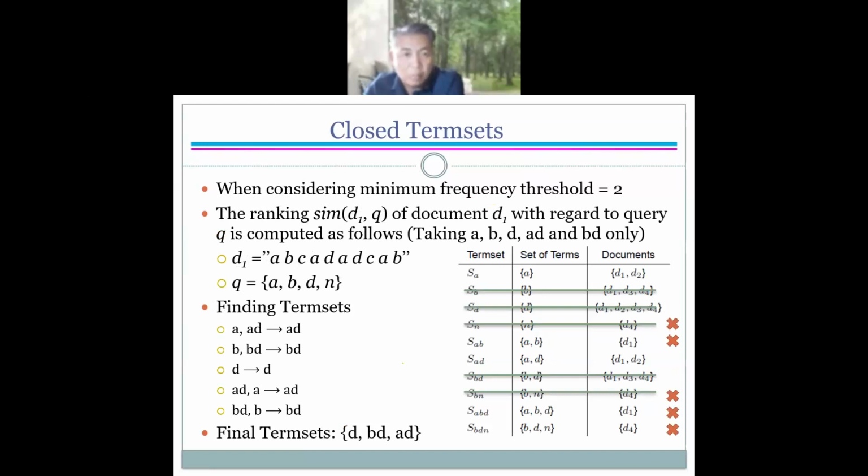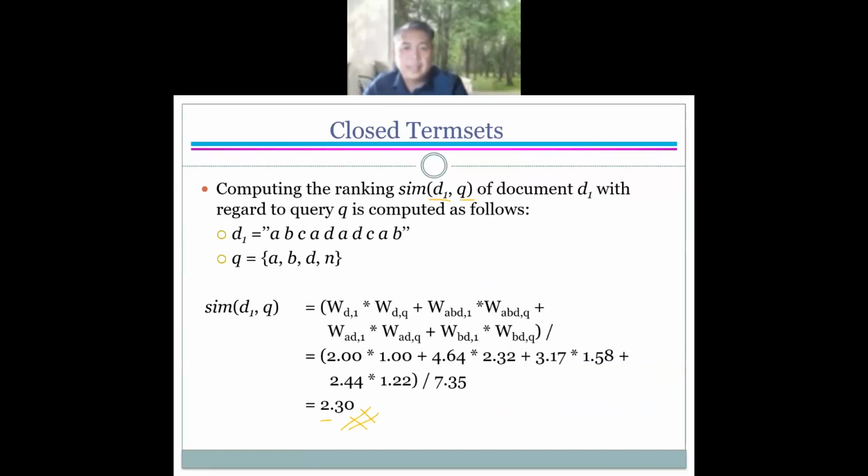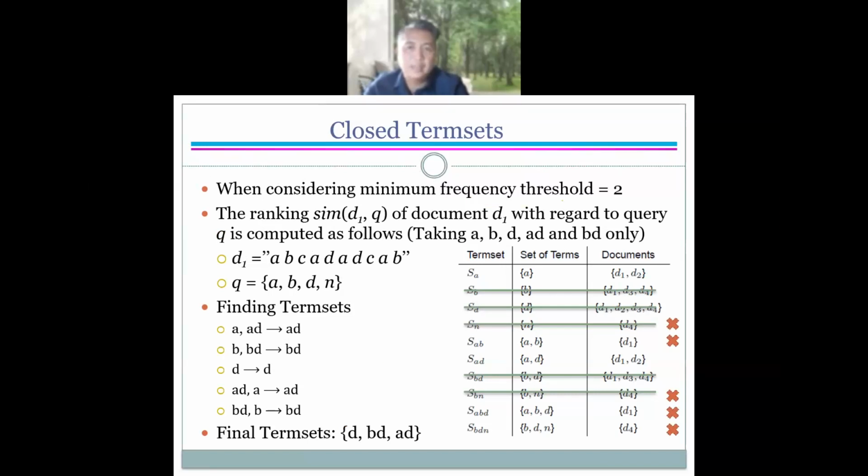Let's see the second one. This calculation is based on closed term set. But if we limit the frequent term set to a certain number, for example like this, where's my mouse? Okay, so if the threshold is 2, meaning that I will not include all the single terms.